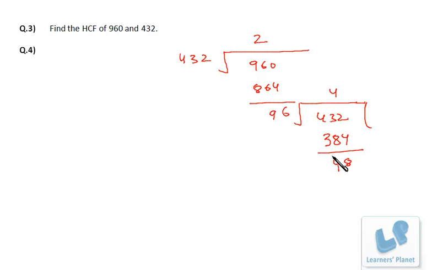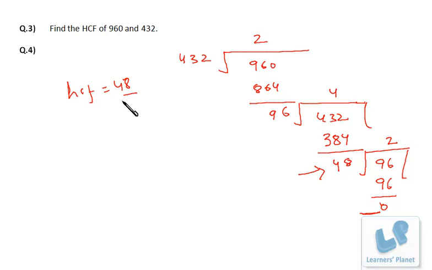So still the remainder is not 0. That means we have to go for one more step. So now I take 96 as dividend. Now 48 2s are 96. Now we get the remainder as 0. That means this number, that is 48, is the HCF of 960 and 432, right? Because in this step we are getting 0. So the HCF is 48.